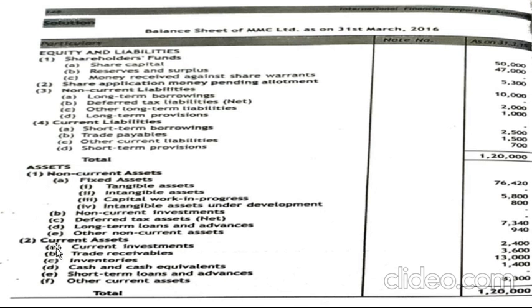As soon as we are done with non-current assets and the subheadings, we get into the next point, which is current assets. Under current assets, you need to check whether you have current investments, inventories, trade receivables, cash and cash equivalents, short-term loans and advances, and other current assets.